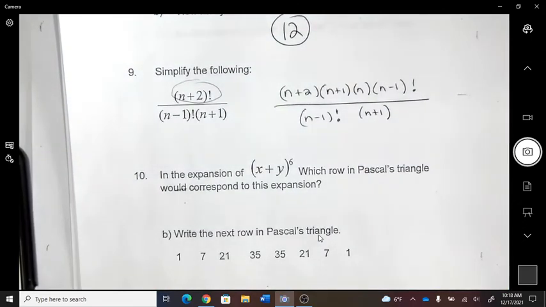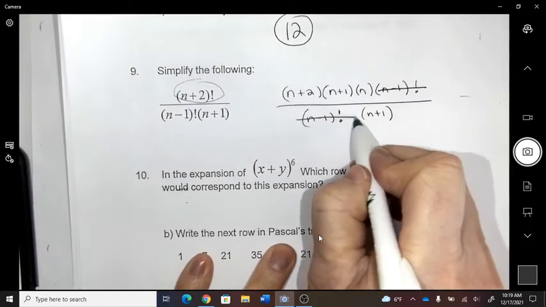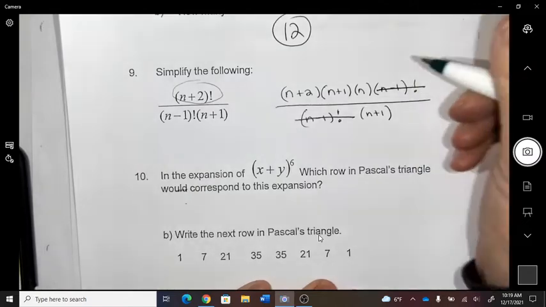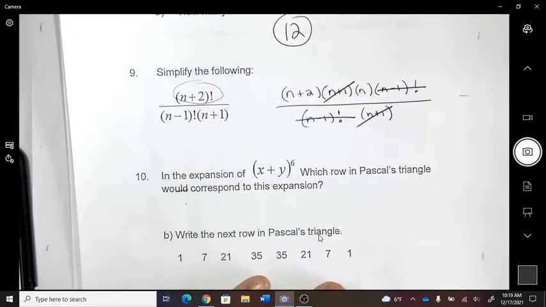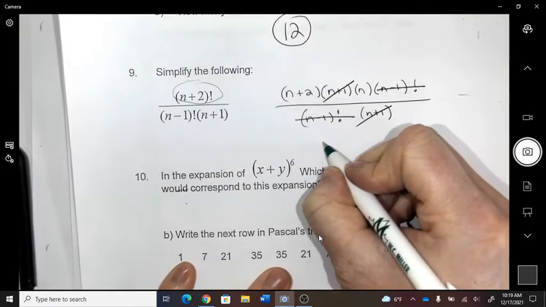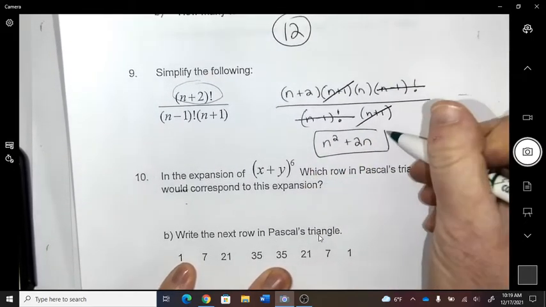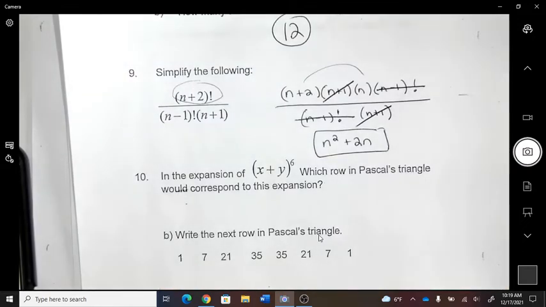Okay, so notice on this one especially where your factorials are and where they aren't. So this factorial would cancel that. N plus 1. So when I simplify, I have to write my final answer. N squared plus 2n. Okay, that's what simplify means.